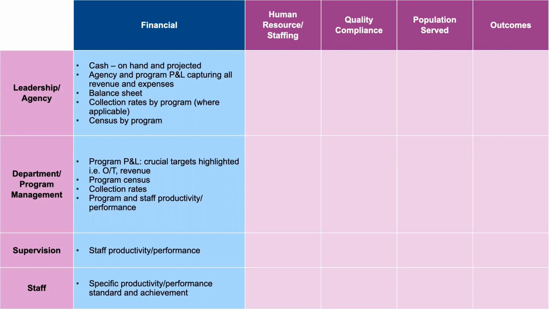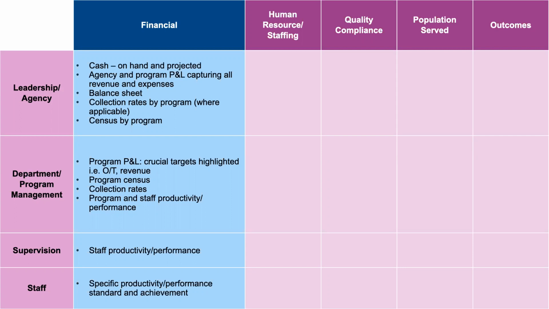Both should have data available, and both should have data that's actionable, so we can understand not only the performance of the agency, but the performance of individual staff. Just to go through some examples. At an agency level, we're going to want to know cash on hand and projected. We're going to want to know agency and performance financial profit and loss statements. We're going to want to understand the balance sheet. We may want to understand, if applicable, collection rates by program and census by program.